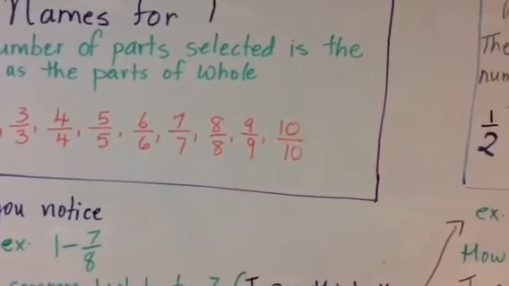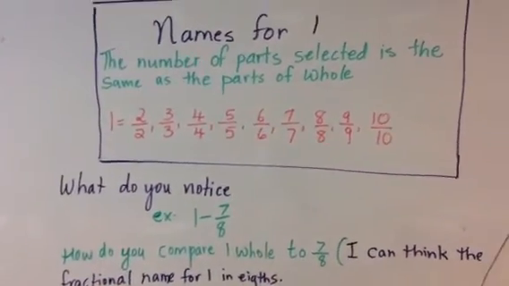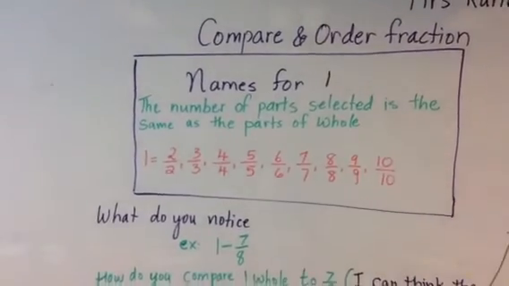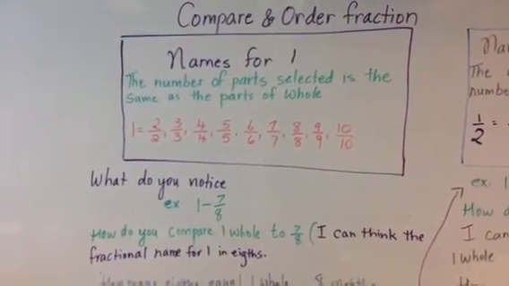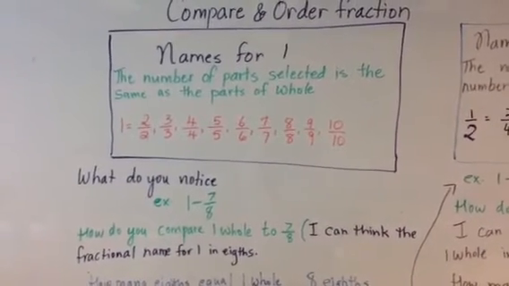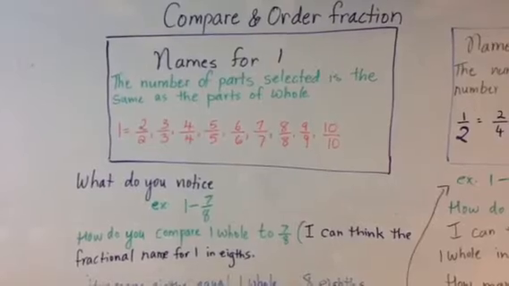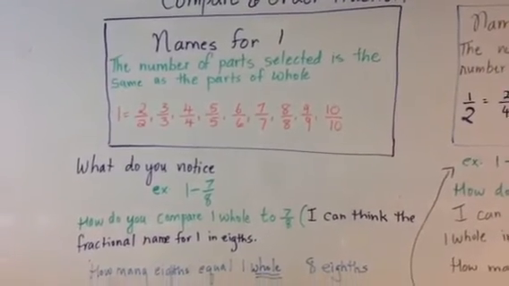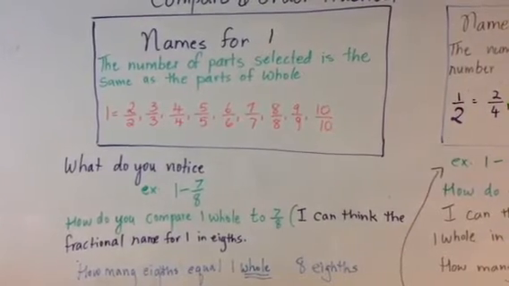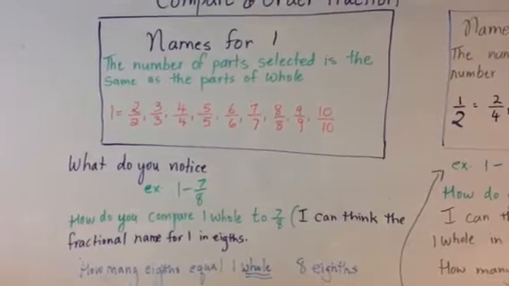Example. Now, if you had a question comparing 1 to 7 over 8, that means now you're comparing fractions. How do you compare 1 whole to 7/8? I can think of the fractional name for 1 in eighths, because 8 is the part of the whole. How many eighths equal 1 whole? 8, because that is the bottom denominator number.